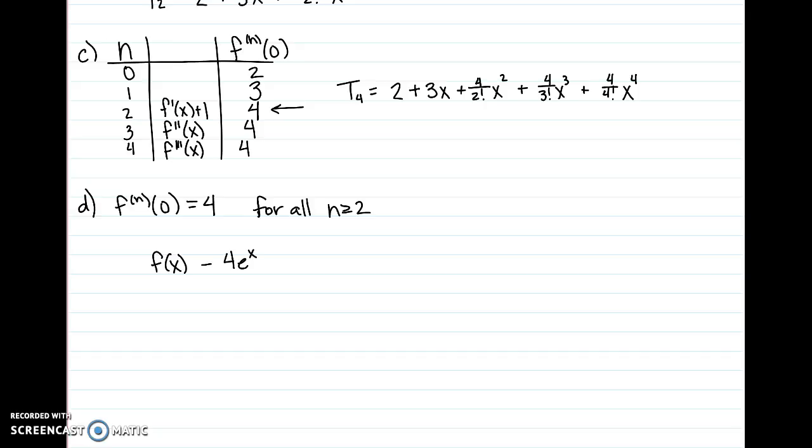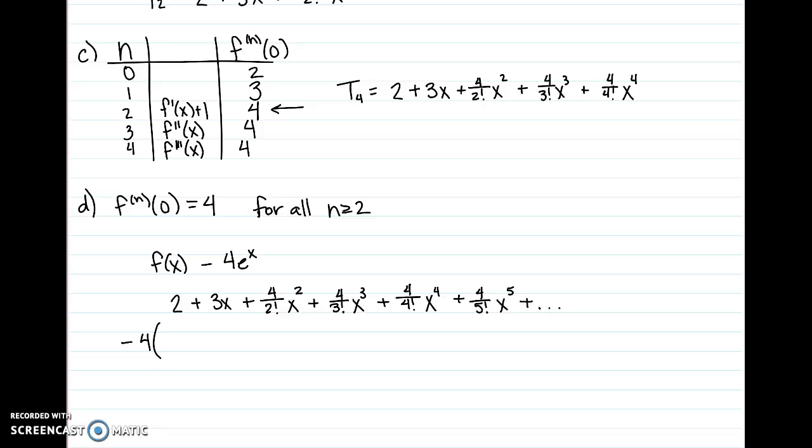So we know what f of x equals, right? It's 2 plus 3x plus 4 over 2 factorial x squared plus 4 over 3 factorial x cubed plus 4 over 4 factorial x to the 4th plus 4 over 5 factorial x to the 5th. We could go on forever and ever, right? And we're subtracting 4 times our series for e to the x.